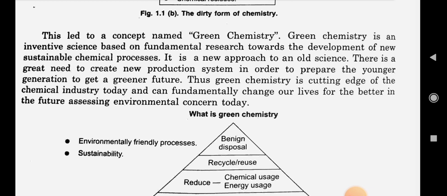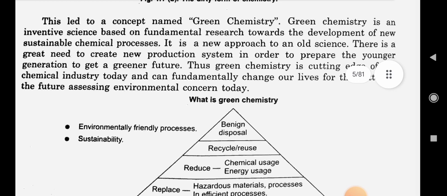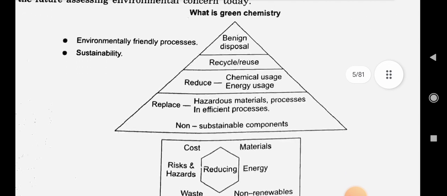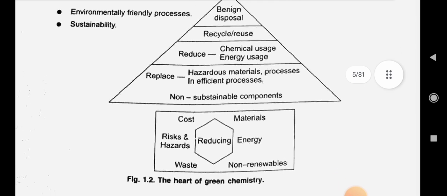Thus, green chemistry is the cutting edge of the chemical industry today, and can fundamentally change our lives for the better in the future, addressing environmental concerns today. Here, green chemistry is shown by the figure also.